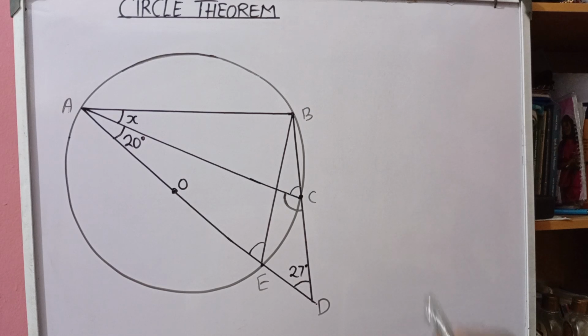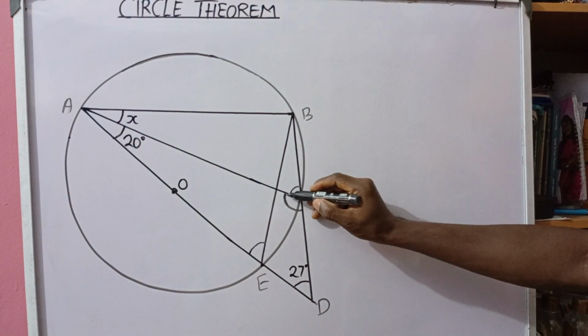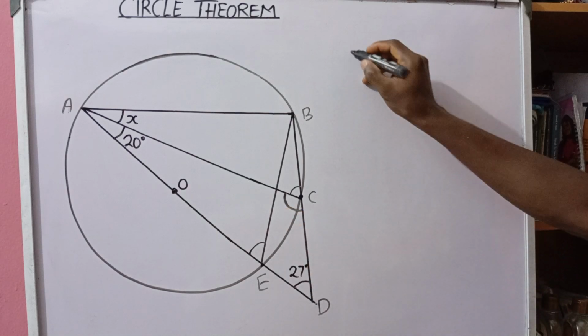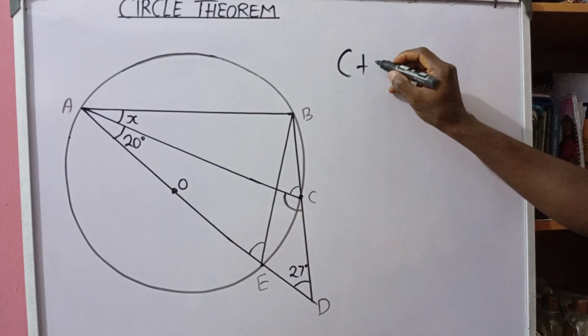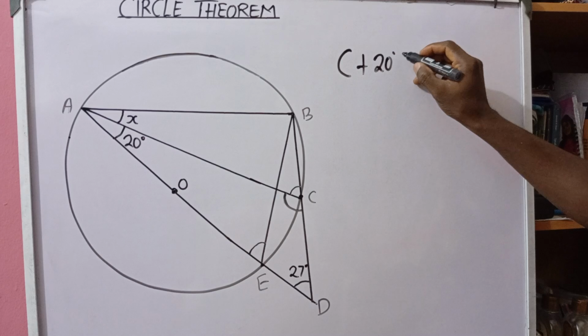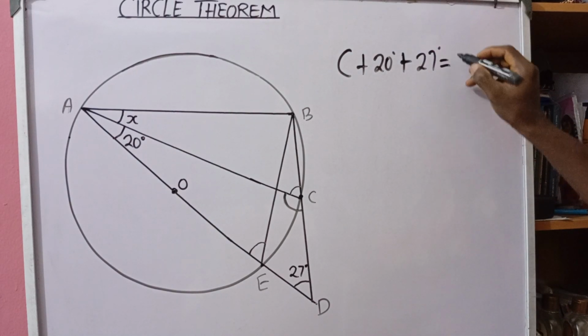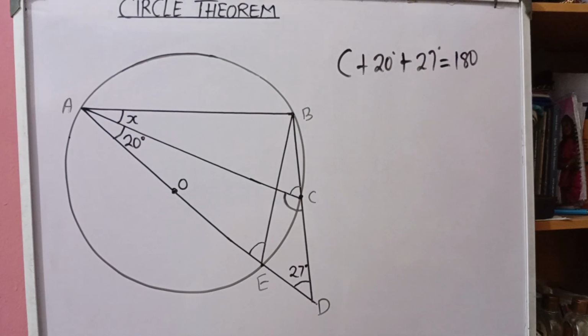All right, so to do that, we simply put it this way. We are considering this portion as C. That is, the angle C plus 20 plus 27 is equal to 180 degrees, and that is what we call the sum of the interior angles of a triangle.